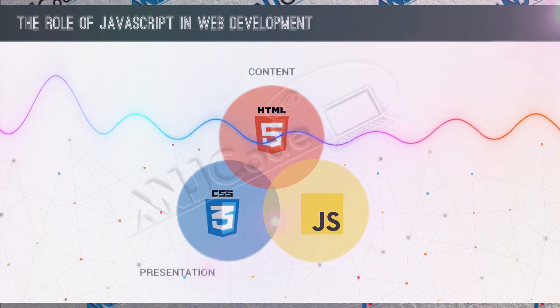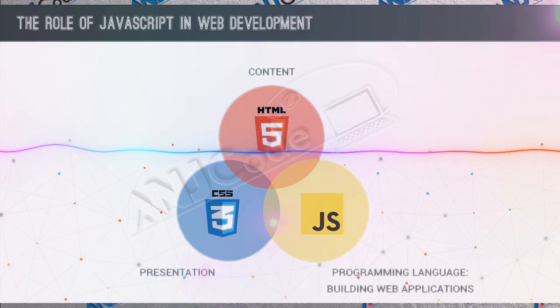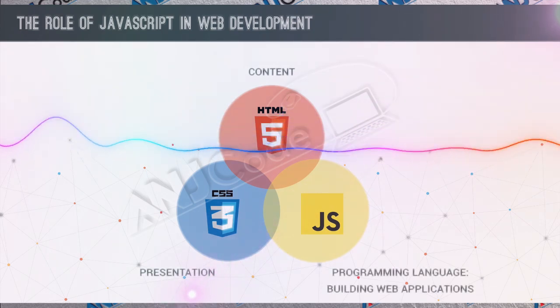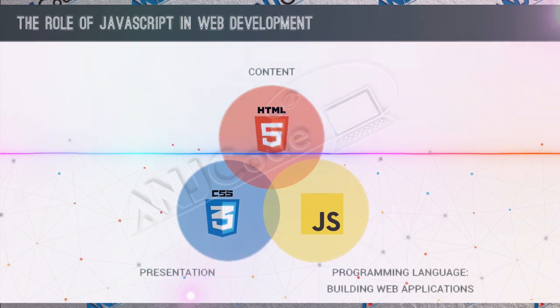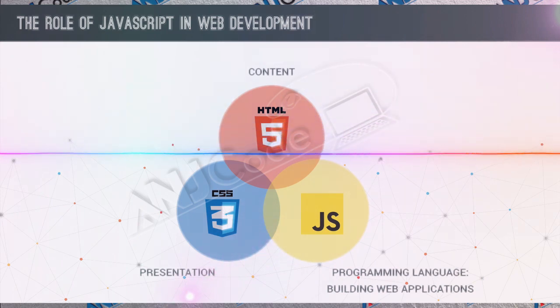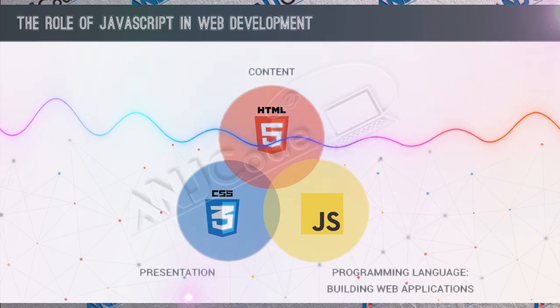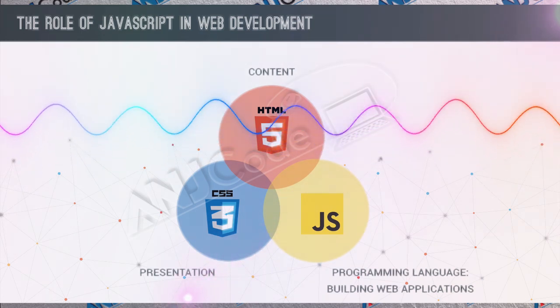And then finally, JavaScript is the real programming language of the internet. And it allows developers to add dynamic and interactive effects to any web page. We also use it to manipulate the content or the CSS, load data from remote servers, and really build entire applications in the browser, which we then call web applications.